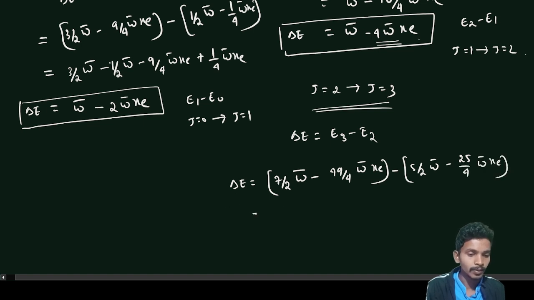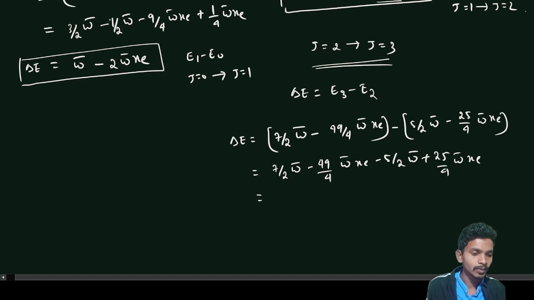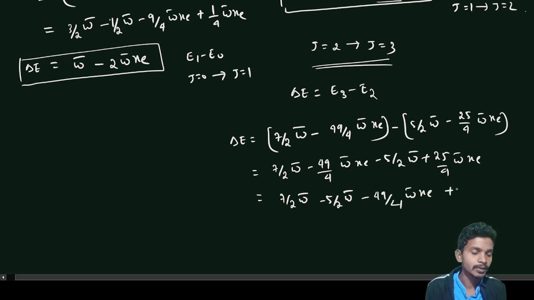So if I do it, 7 upon 2 omega minus 49 upon 4 omega xe minus 5 upon 2 omega plus 25 by 4 omega xe. So 7 upon 2 omega minus 5 upon 2 omega, and minus 49 upon 4 omega xe plus 25 by 4 omega xe.